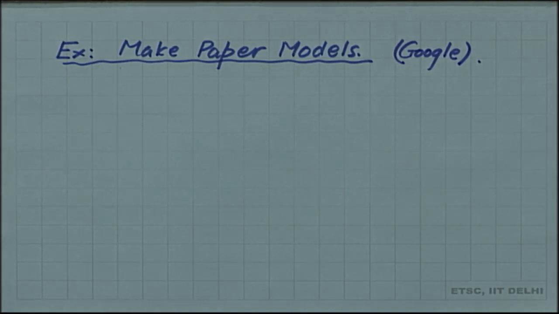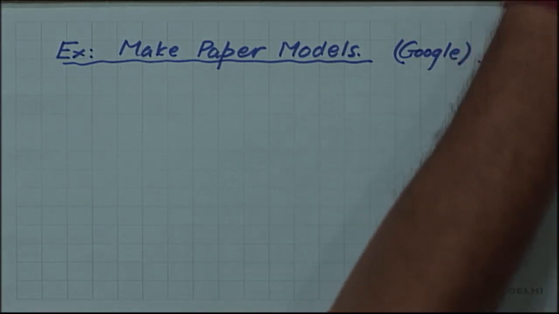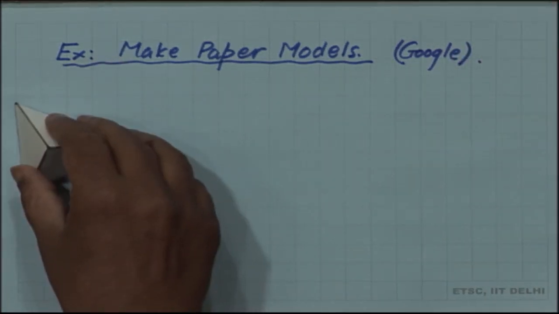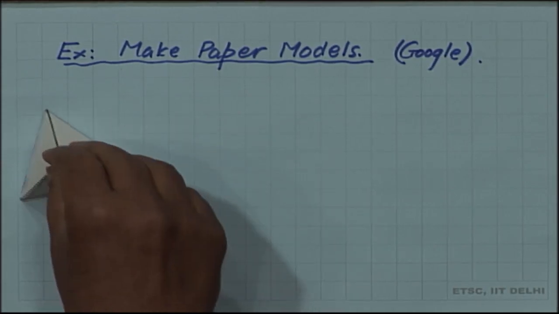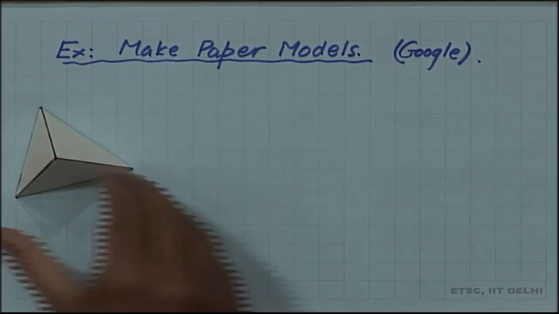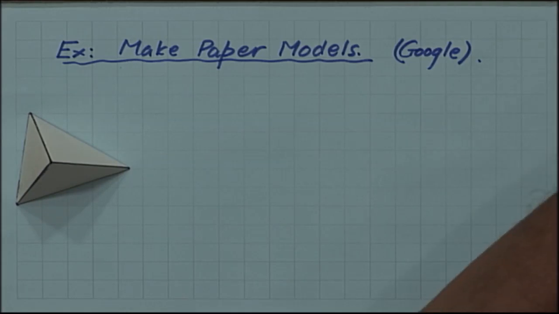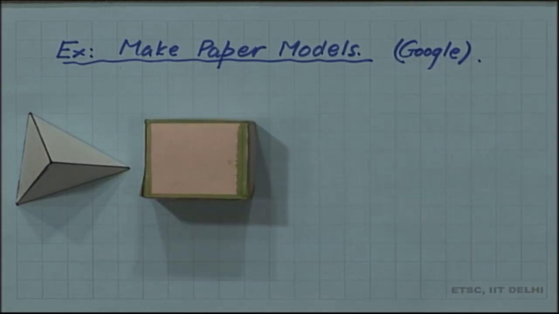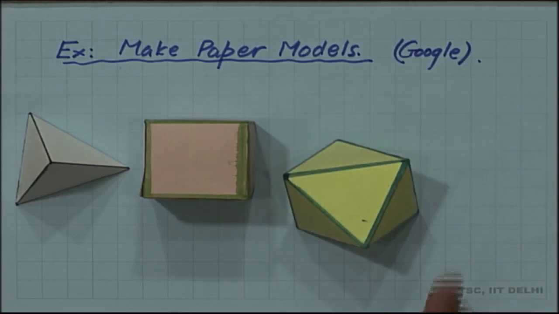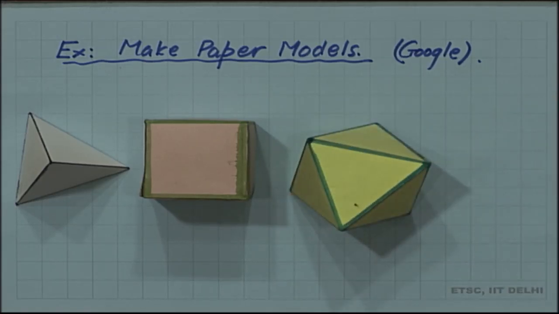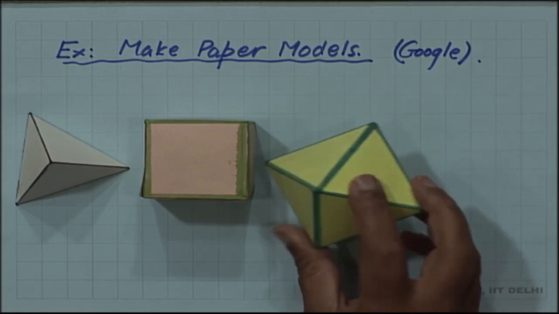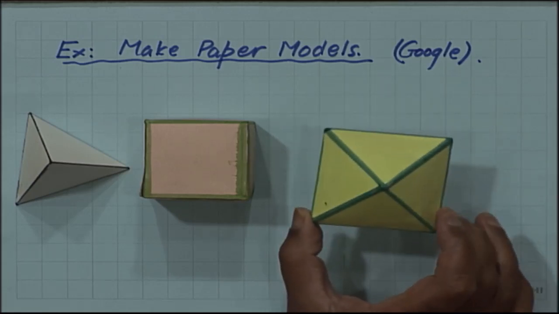I will show you some examples of the solids which I have made. Actually my daughter has made them for me. So, this is the tetrahedron, made up of paper. This is the cube, this is the octahedron sitting on its face, but the way I drew it was a square dipyramid.